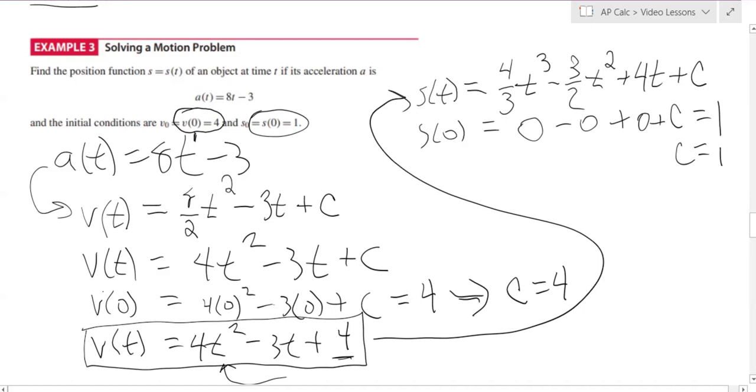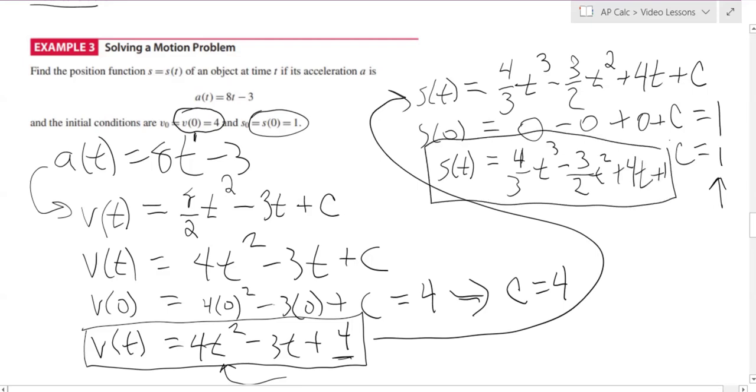Now that we know c equals 1, we can write the particular solution for position. So 4/3 t cubed minus 3 halves t squared plus 4t plus 1. That is the position function for this object.